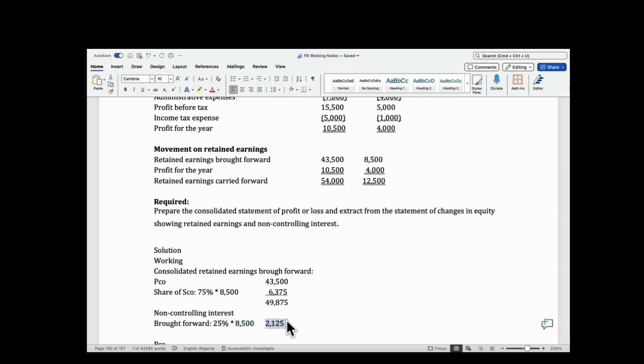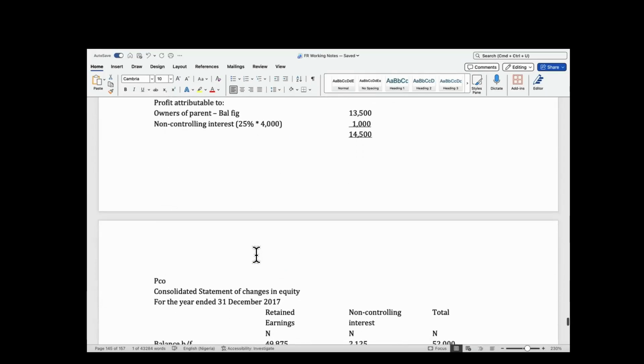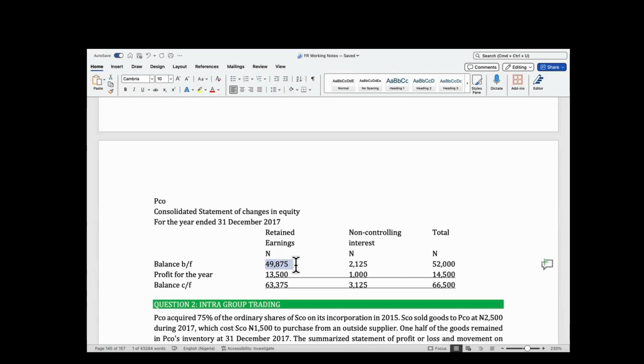That's what gives us this 2,125, because the parent has taken their own share, which they added to their retained earnings, and that's how we got this, which is the retained earnings of the parent and that of the subsidiary. And this is the share of that of the NCI, 2,125. Thank you, sir. You're welcome.